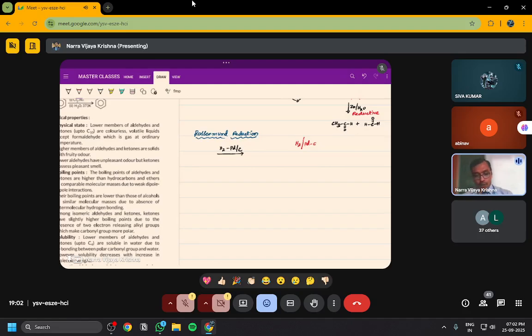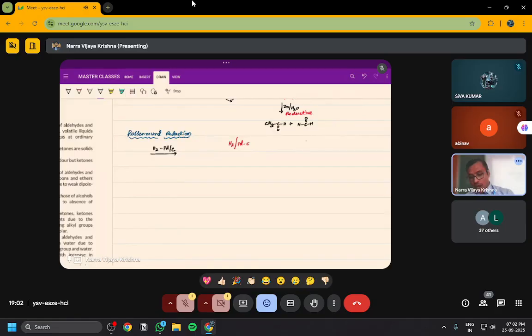So hydrogen gas generally occludes over palladium catalyst. Whenever I am taking palladium, no need to write H2. If you write Pd, automatically H2 is also there.